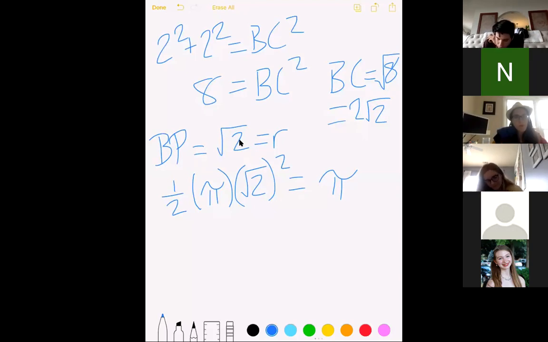Since I'm trying to do the length of the arc from B to C. Okay. So the radius would be equal to the distance from P to E, which is the same thing as the distance from B to P, which would be the square root of 2. Okay. So that's our radius.